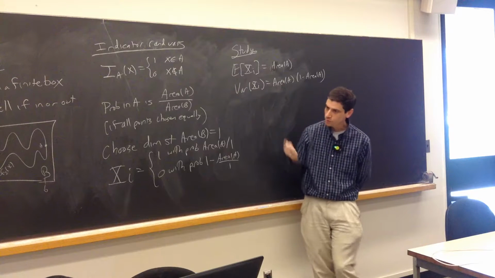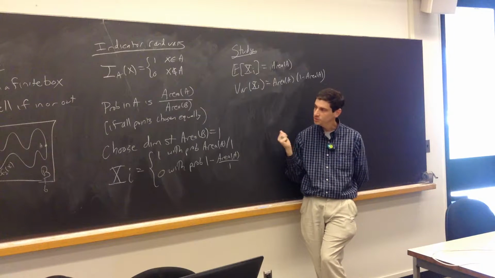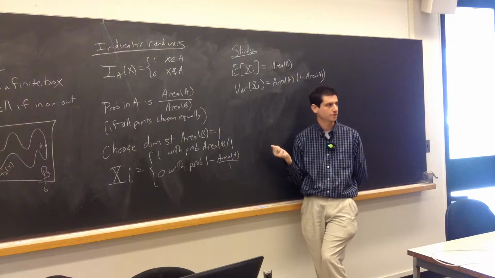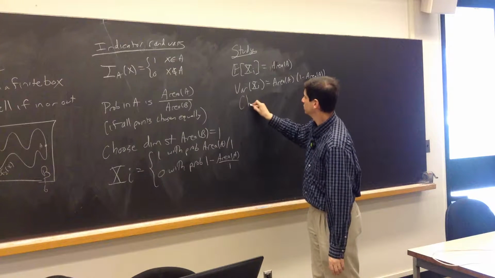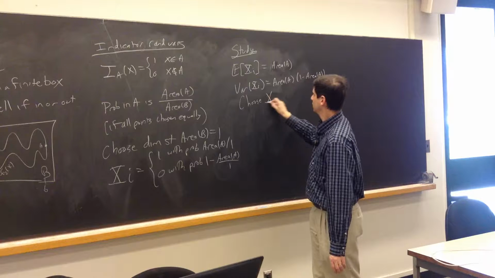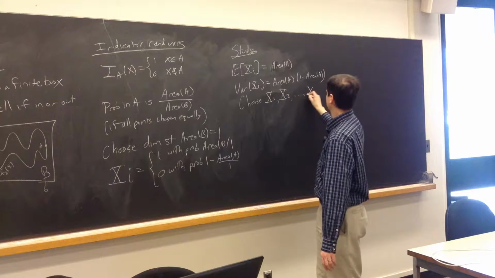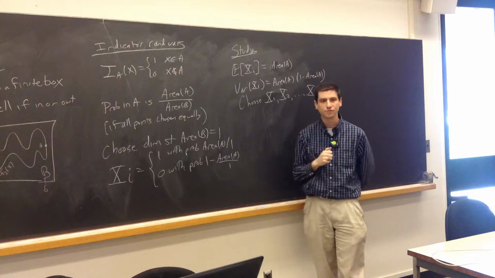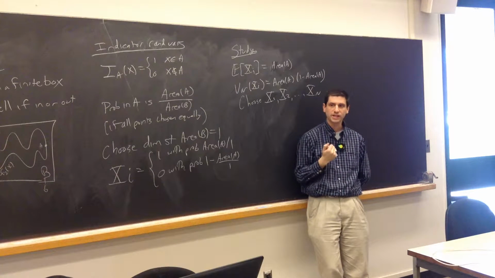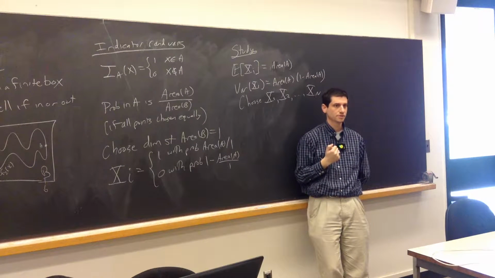So if I just choose one point at random, the probability I land inside my region is area of A. I'm going to choose a huge number of points. So choose x1, x2, ..., xn. So I choose a bunch of points. What should I look at now that I have all these points?